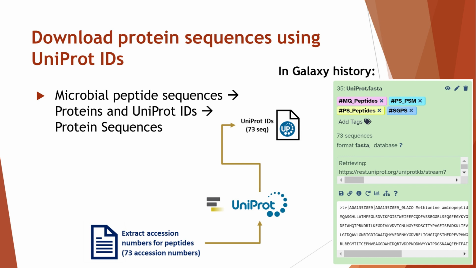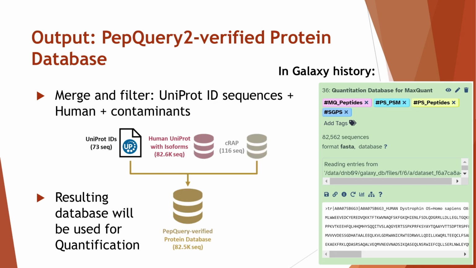To summarize, we went from verifying microbial peptides to matching them to their proteins and getting the accession numbers, and now we've obtained their protein sequences. We have arrived at the last step of this module. We will take the UniProt generated database and merge and filter with human and contaminant proteins. This verified database will be used in the next module for peptide quantification.